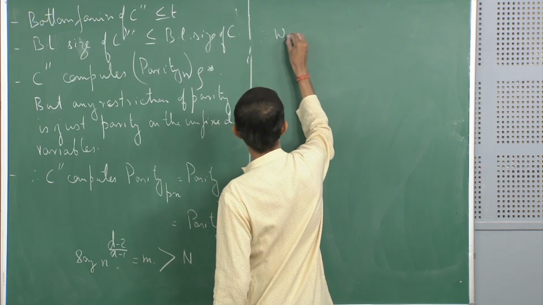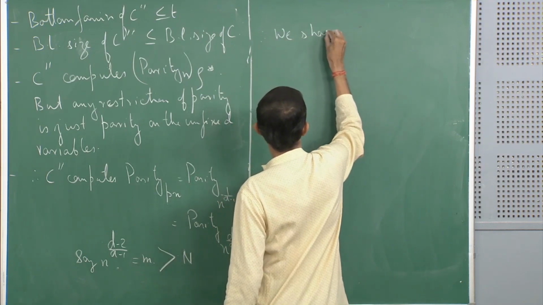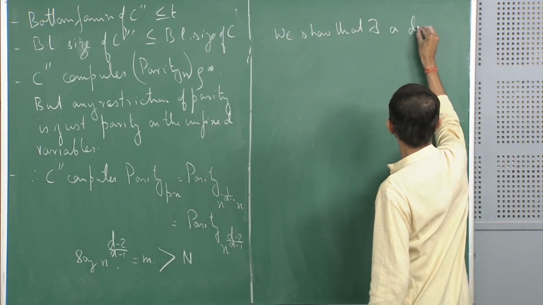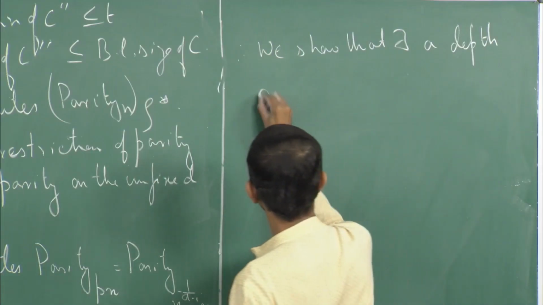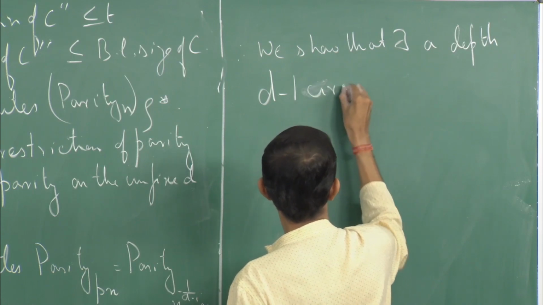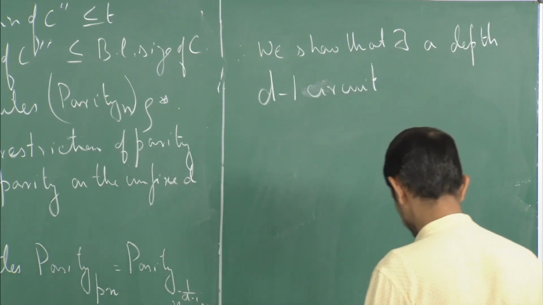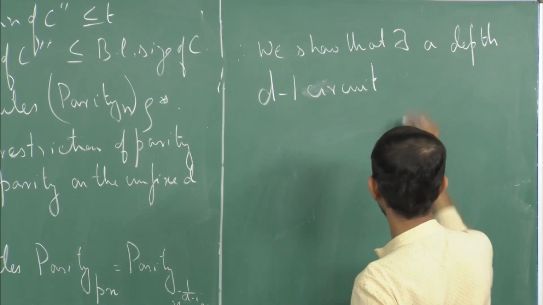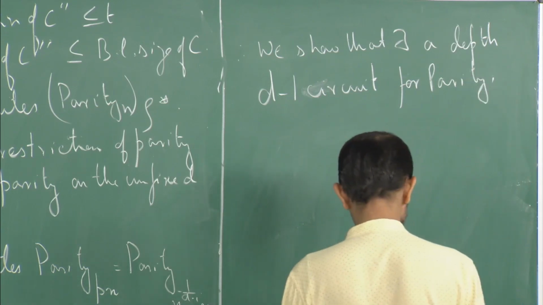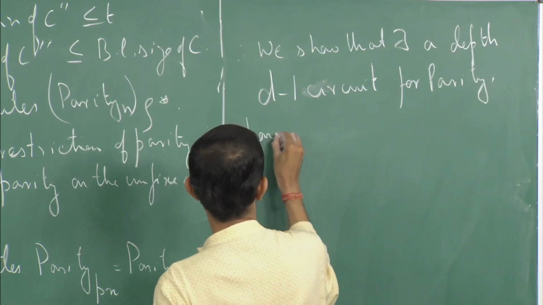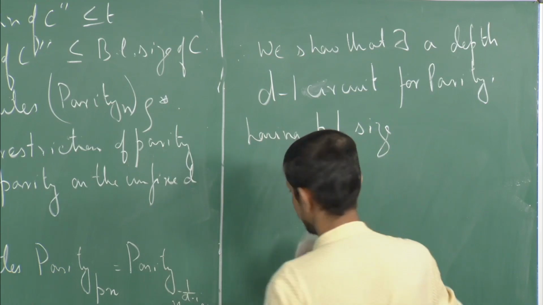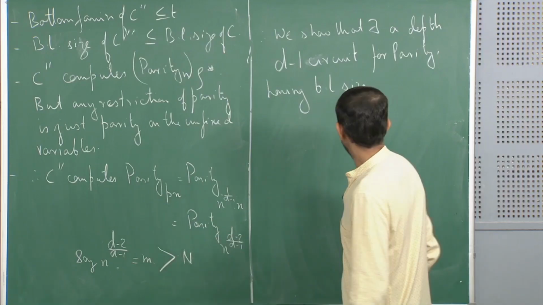So, therefore, we show that there exists a depth d minus 1 circuit for parity having bottom fan-in and size bounded. So, now the size will be, how much is the size?